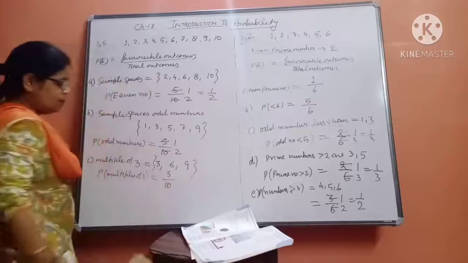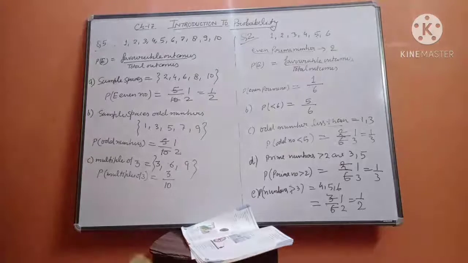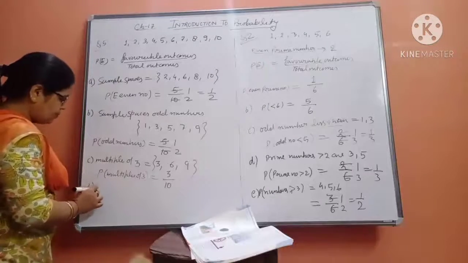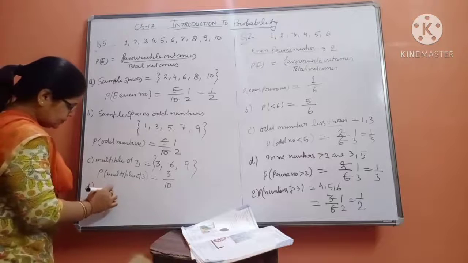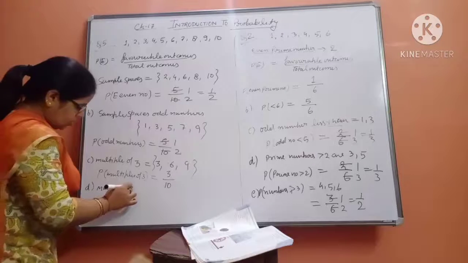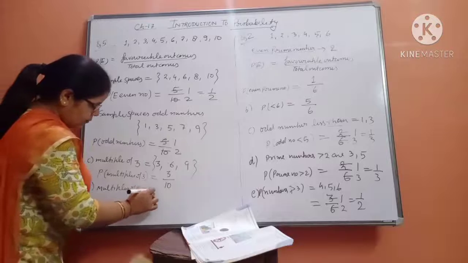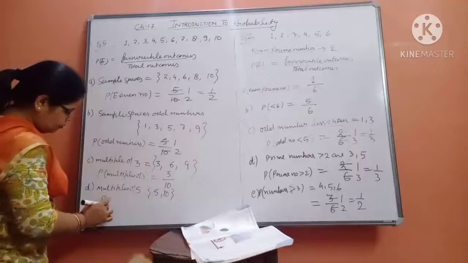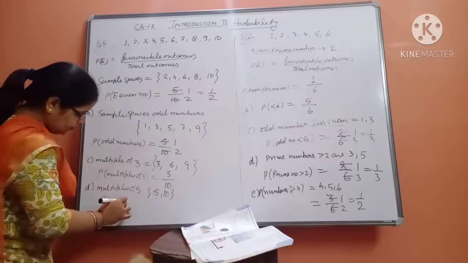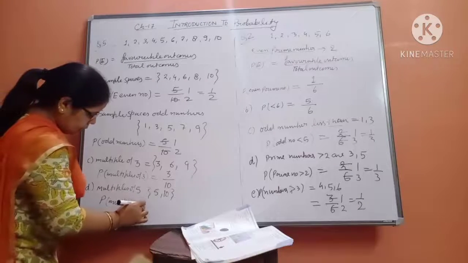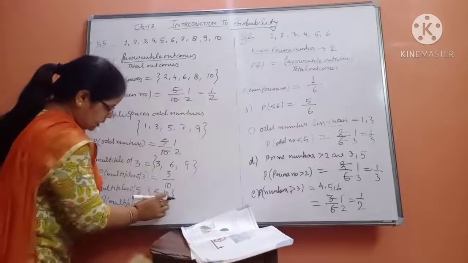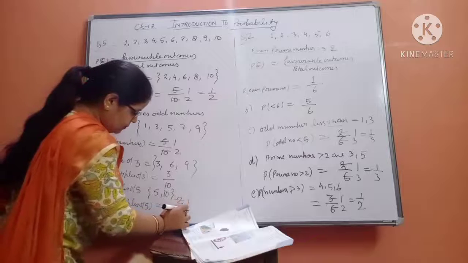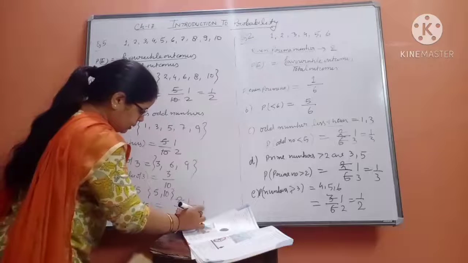Then in D part, multiples of 5. Multiples of 5 will be 5 or 10. So 2 multiples will be there. Favorable outcomes are 2 upon total outcomes 10. 2 1s are 2, 2 5s are 10. So its probability will be 1 upon 5.